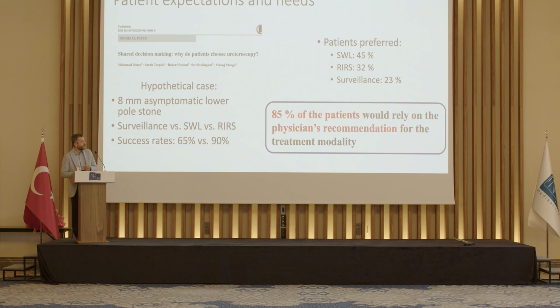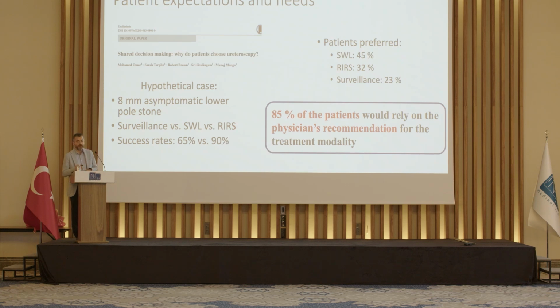So this is a study from the United States that I like a lot. In this study, they gave a hypothetical case to the stone patients, an 8mm asymptomatic stone, and asked about their opinions about active surveillance. That means that we just follow the patient, we do not make an operation, or shockwave, or retrograde internal surgery.